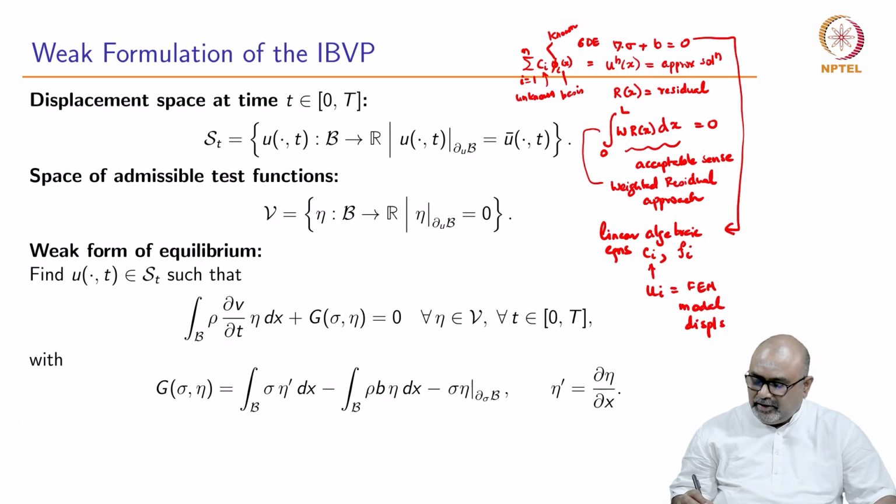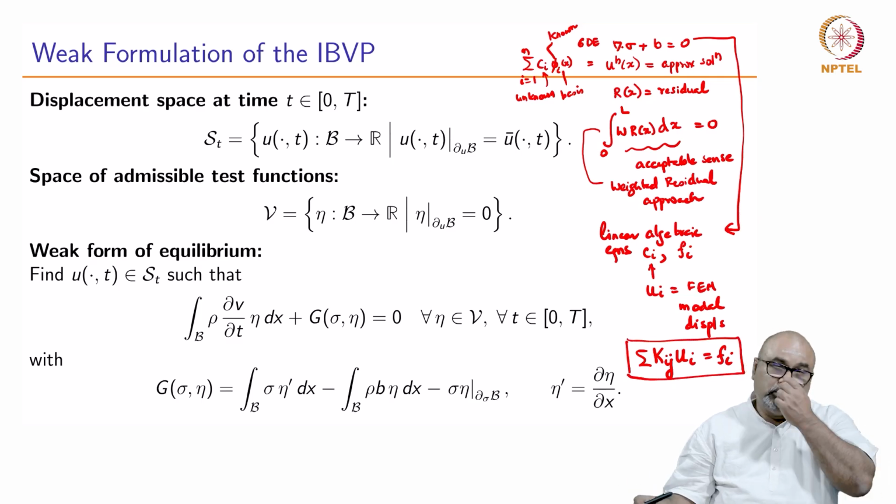So, one can find Kij times Ui is equal to Fi for a particular element. So, the original differential equation is now converted into a set of linear algebraic equations, solving which we can find out what are the unknown coefficients of approximation.